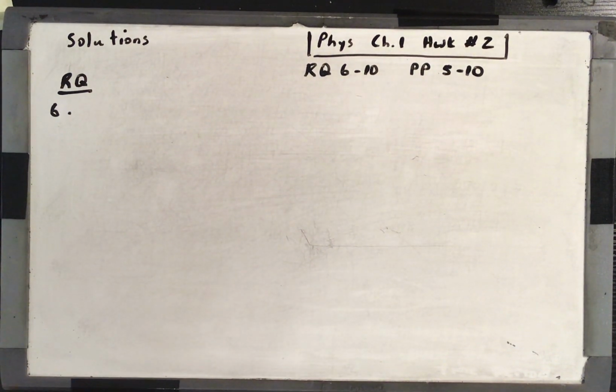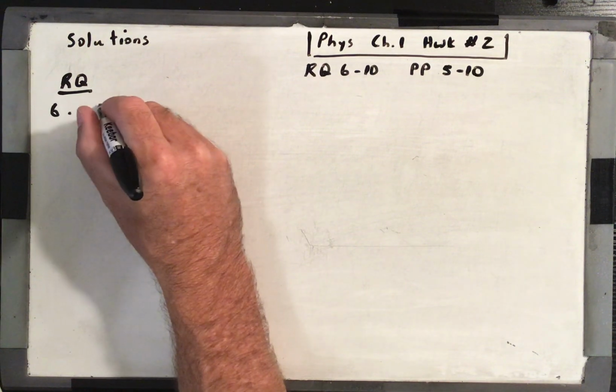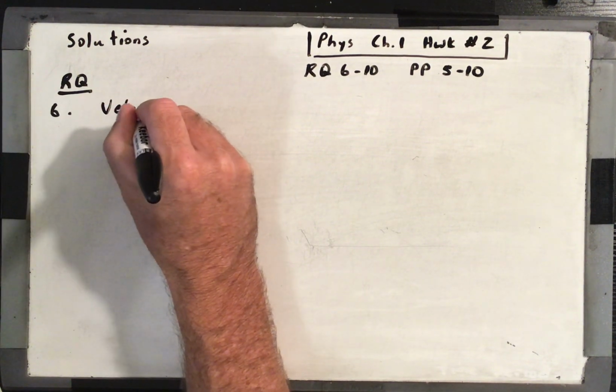Number 6 says, what do physicists mean when they say velocity is relative? Well, it depends on who is doing the observing.